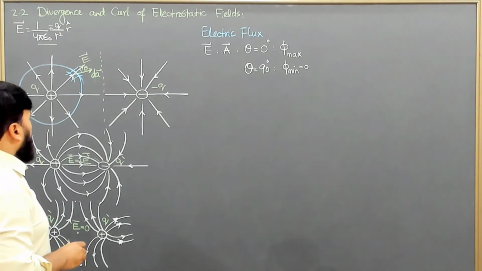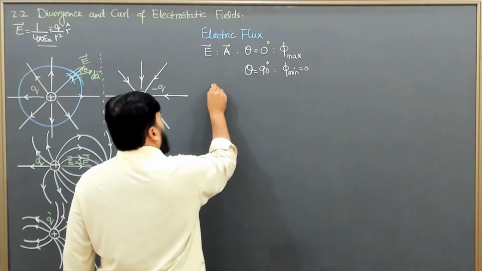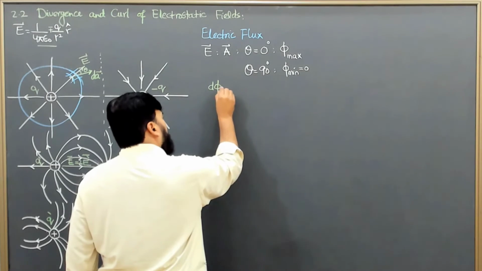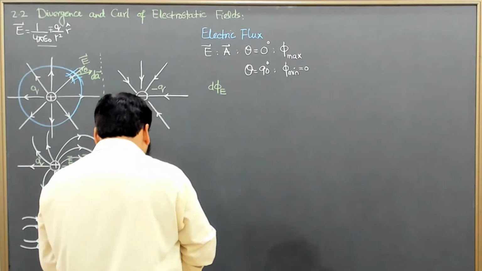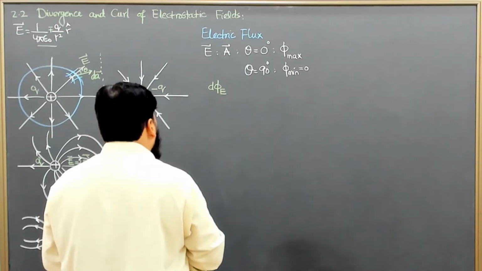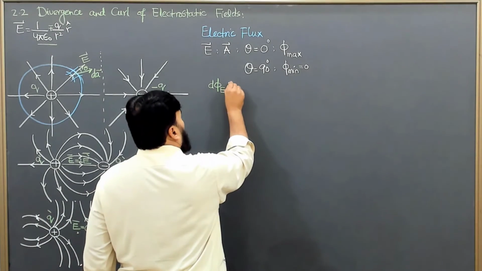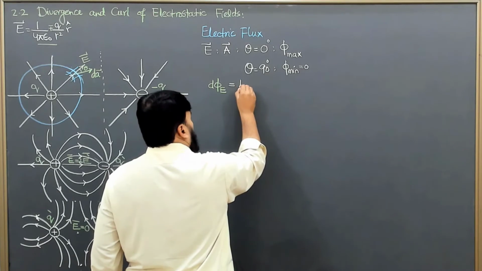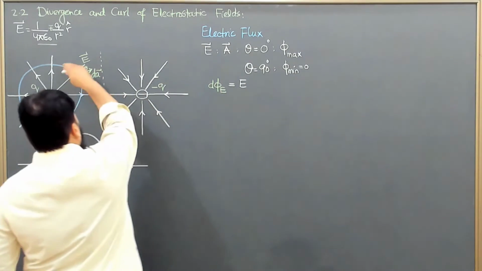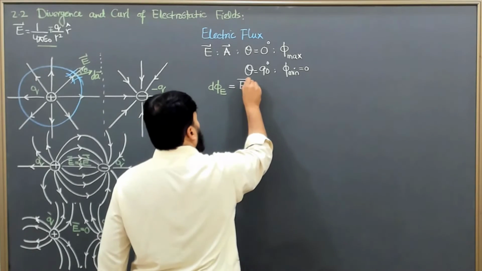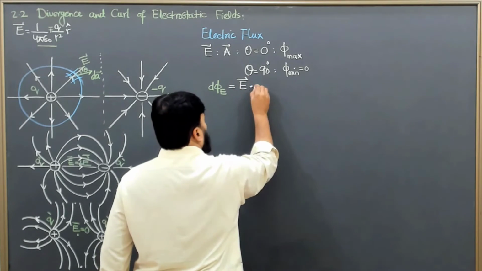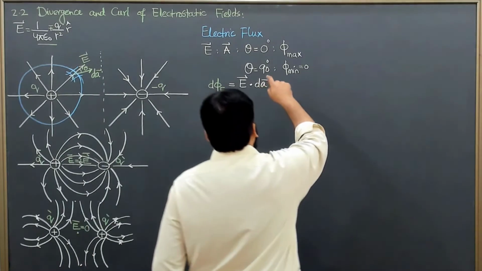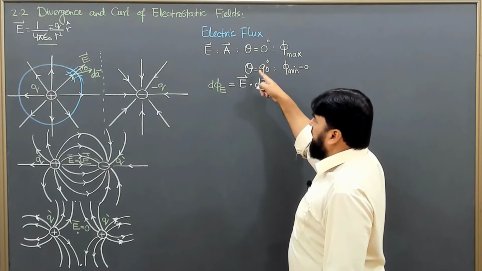So I can write the flux d phi, and let me write E with it for electrostatics, as equal to E dot dA, because we have to incorporate theta there.